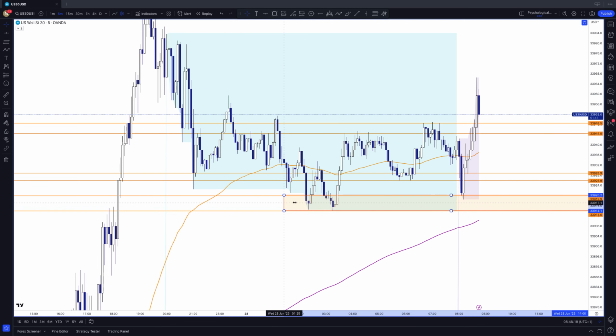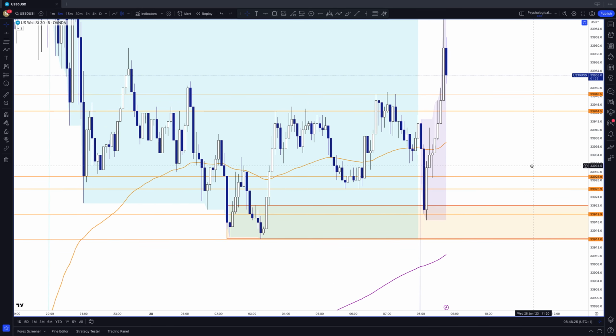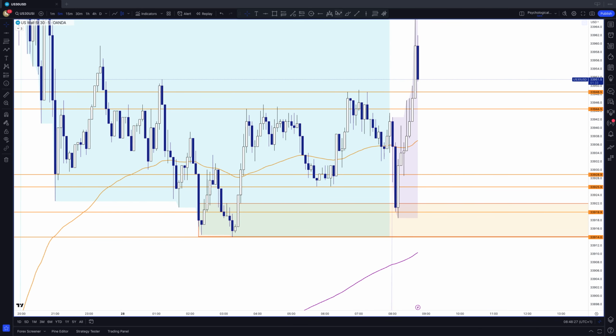So instead of just taking the 5 minute, I paired this with this 1 hour demand, which we have, okay? And now it's very interesting because, as you can see, when the market opened, London session, the price dropped like crazy, dropped like nothing else into this level, got ejected and bounced back very strongly.